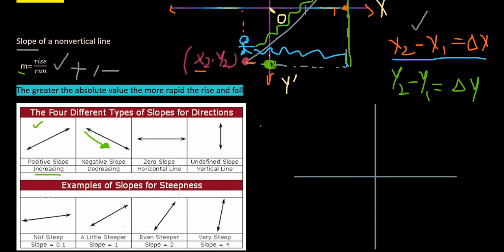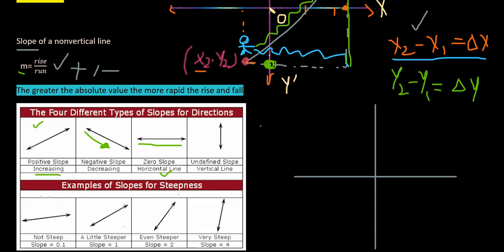And if we have a horizontal line, then the slope will be 0 and there will not be any rise and run in it. That is only a horizontal line. And if we have a vertical line, we can say that it is an undefined slope.